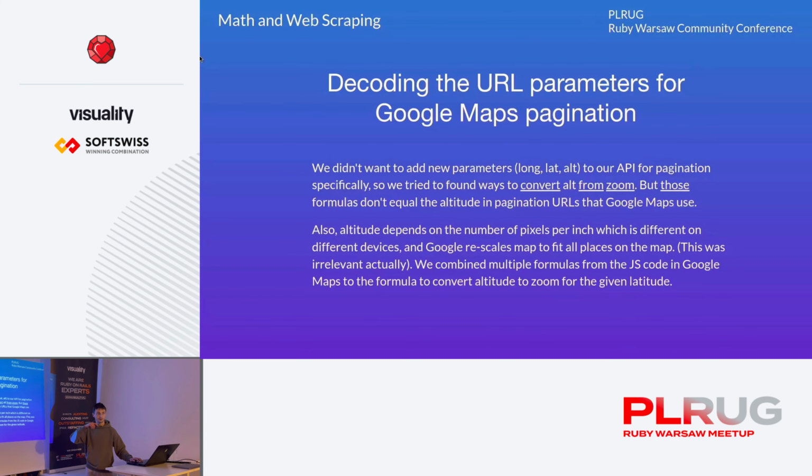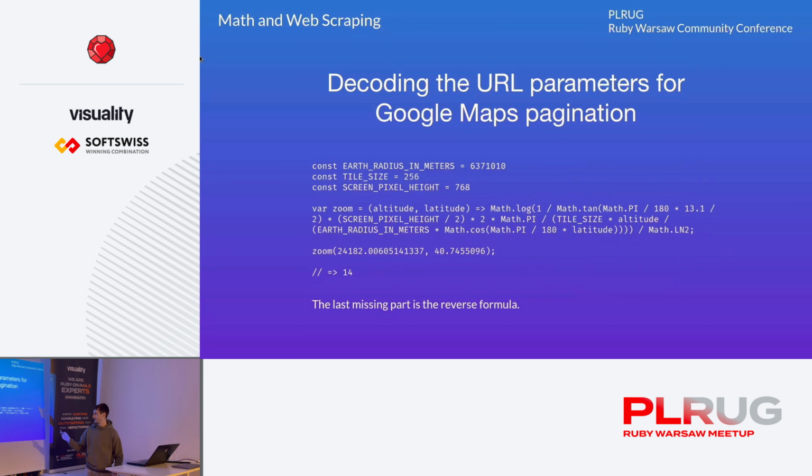So we read several pages of Google Maps code and combined multiple formulas from it, and found that this is a formula that Google uses to calculate zoom level based on latitude and altitude in feet.